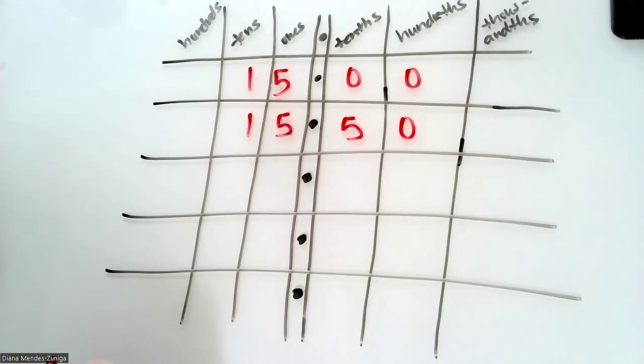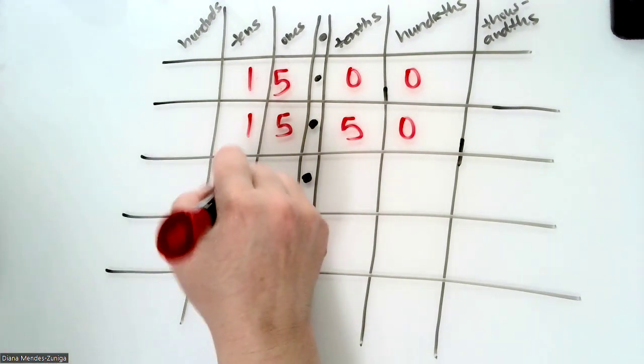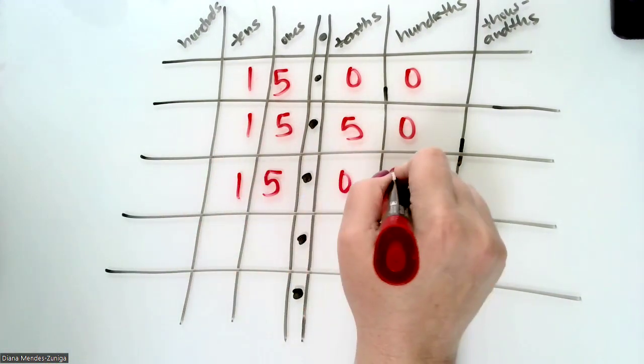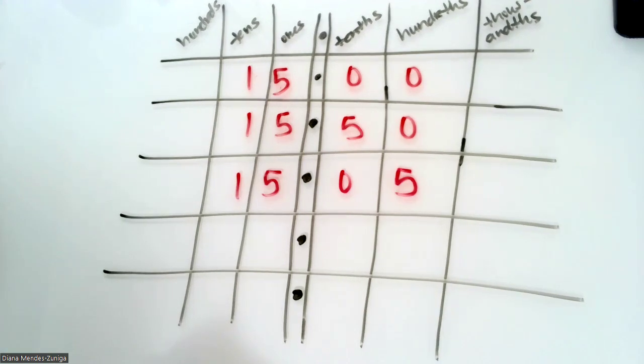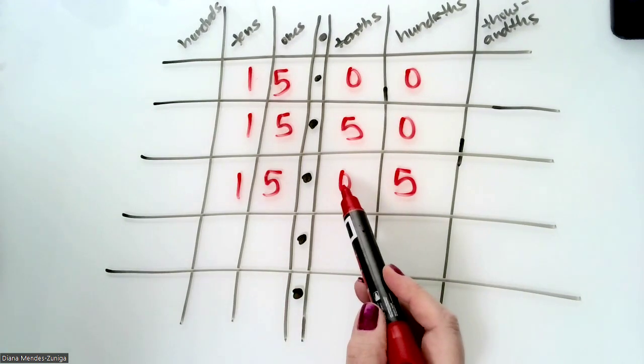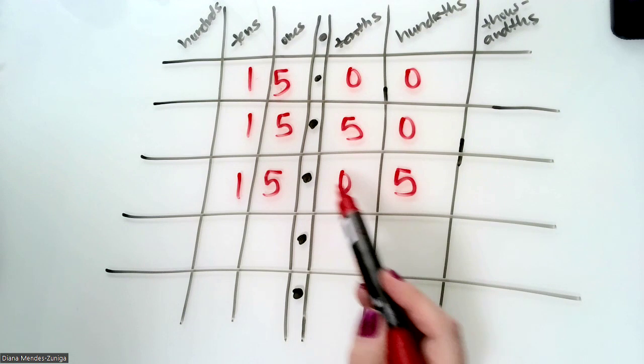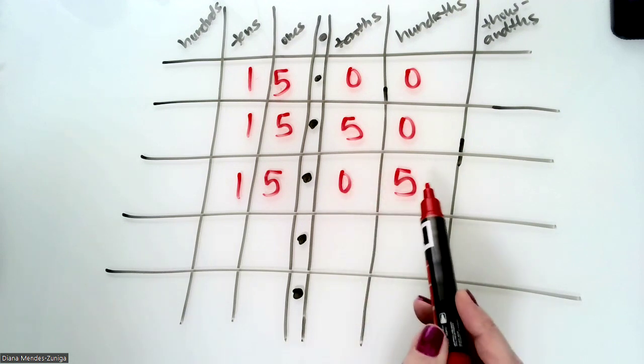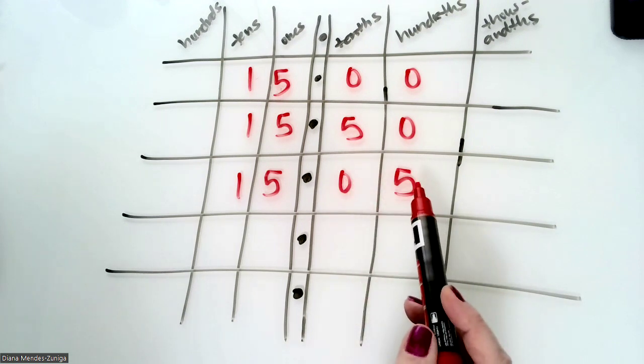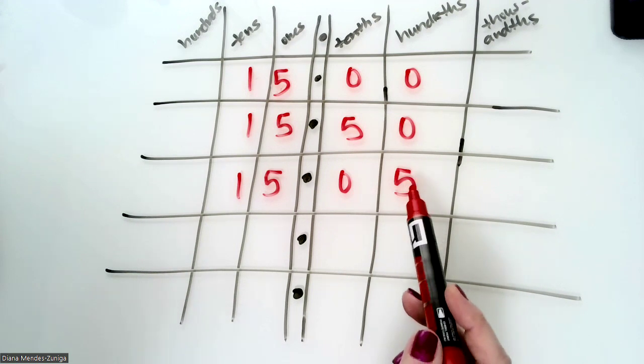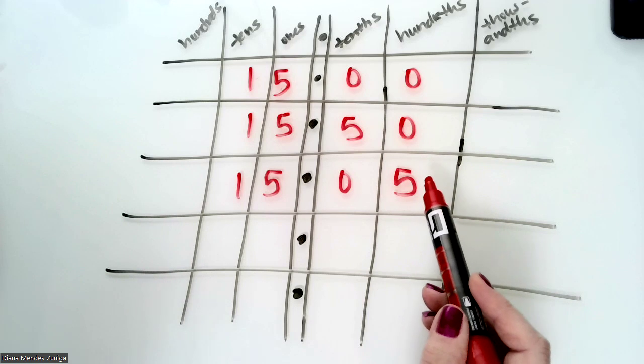I now have 50 cents more. What if I have $15 and 5 cents? Okay. This 0 tells me that I have no tenths. I have nothing in the tenths column, but I do have something in the hundredths column. Now you're thinking this is 5 cents. It should be one, right? It should be 1 penny, right?